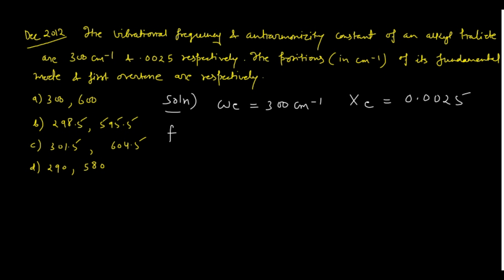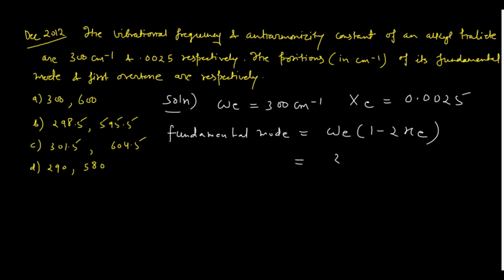So for fundamental vibration, if you consider the anharmonicity also, then this will have the formula omega E, or simply nu bar, times 1 minus 2 Xe. This is the formula which I have derived in my last lecture also.